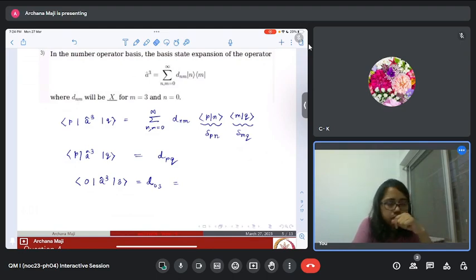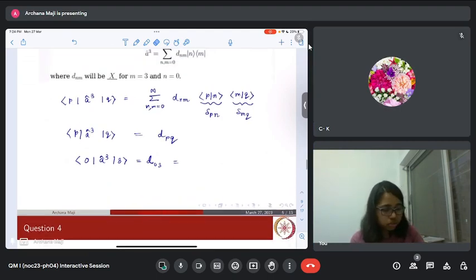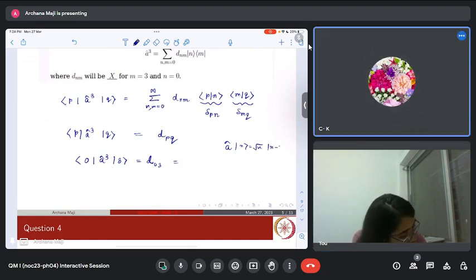You are making a mistake. Do it again. It is 1, madam? No. So what is the formula? Tell me the formula. A acting on n particle state, what do you get? This formula is what you need to use. Root n minus 1. Exactly.